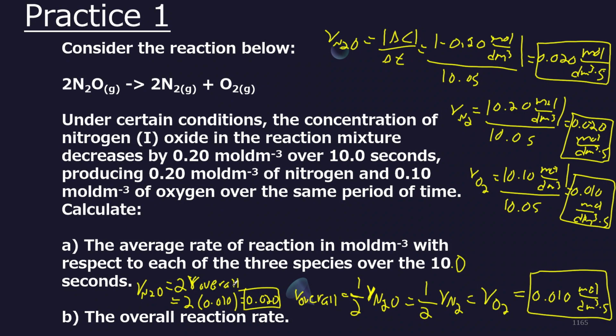Don't have space to write the units there, but that should be fine. So that is the same as somebody measured in the lab here, right? Which it must be.